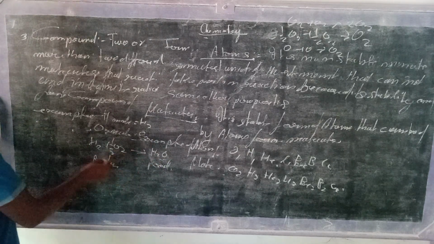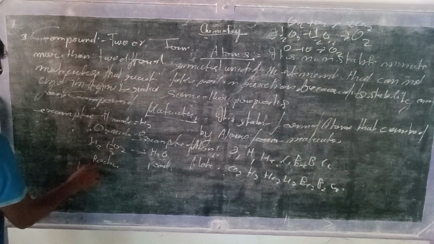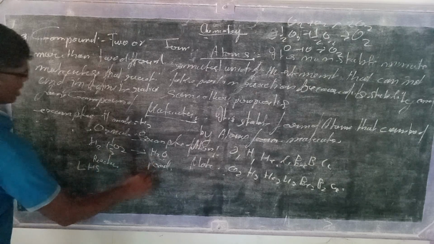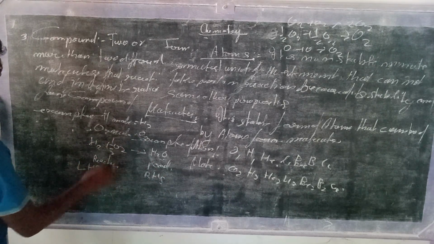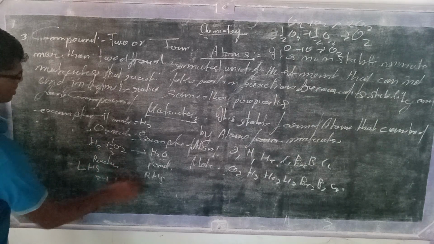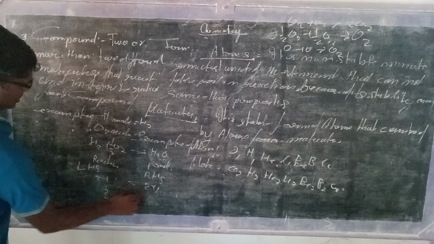After the reaction, from the product, here are hydrogen molecules. If you count the atoms on the left-hand side and the right-hand side, hydrogen is 2 plus oxygen is 1, so 2 plus 1 is 3, and on the right side also 3.